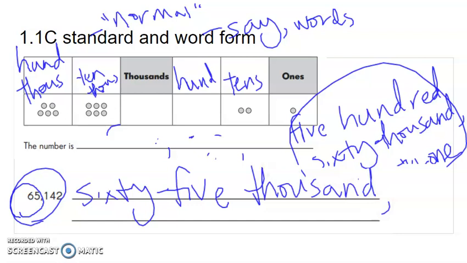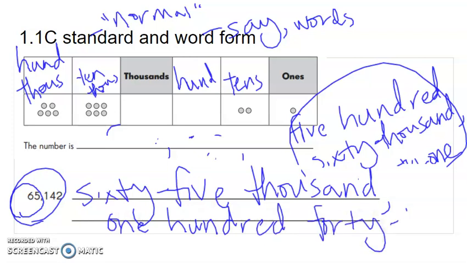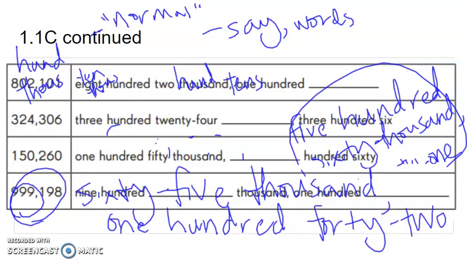And then everything after, 142. Now you might be thinking that spelling these seems really challenging, but guess what? I don't grade your spelling in math. Just spell it the best you can. All right? Ooh, look, it's like a secret code.